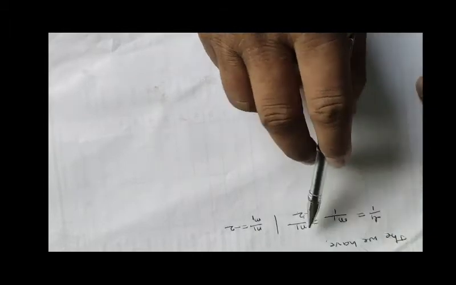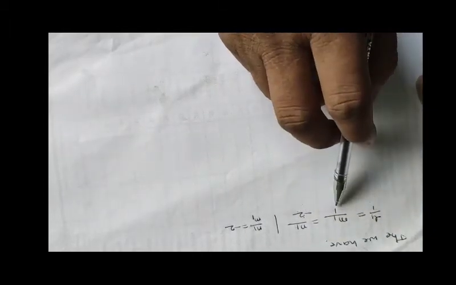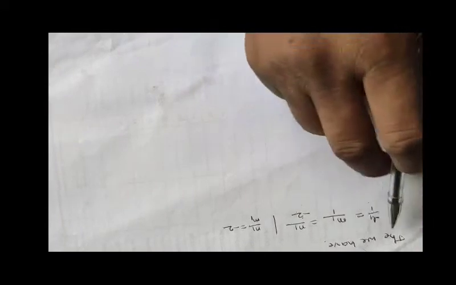So this can be written in this way: l1 by 1 is equal to m1 by 1 is equal to n1 by minus 2, because these are in proportion.